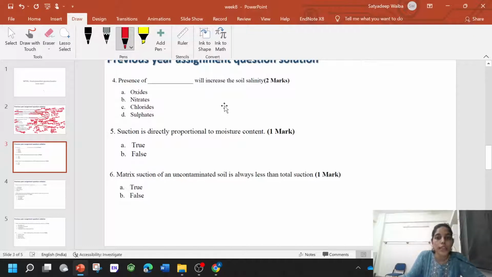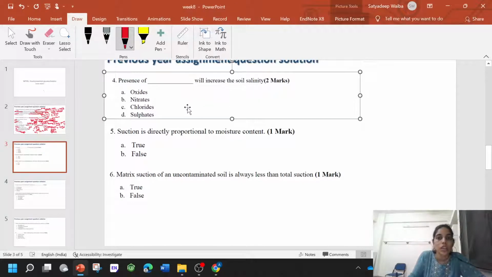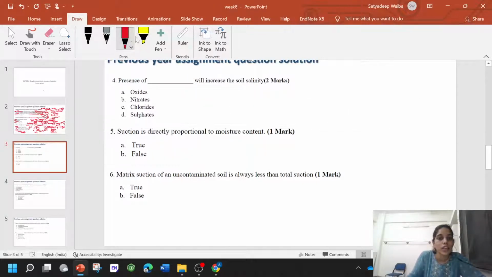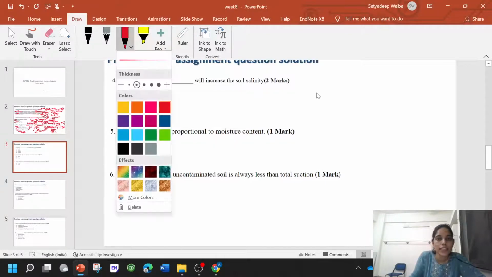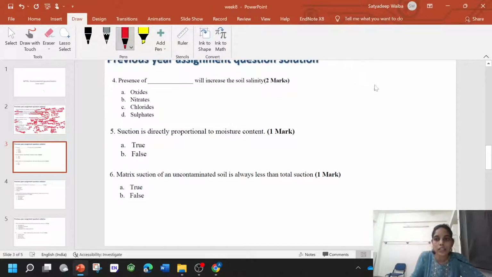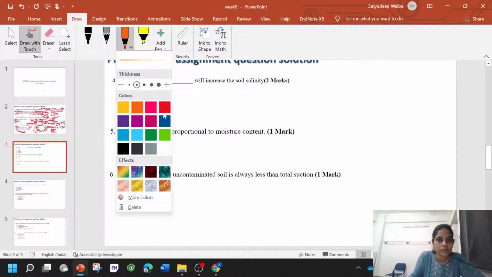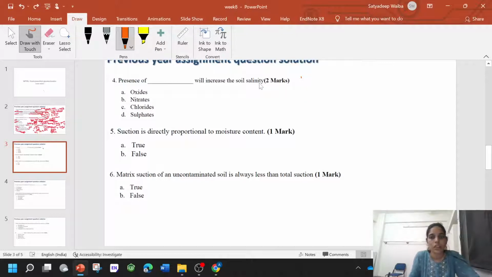It's about the soil salinity. When sir discusses soil salinity, he discusses two major elements. One is chloride, Cl, and another is sulfate, SO4 2 minus. Why?